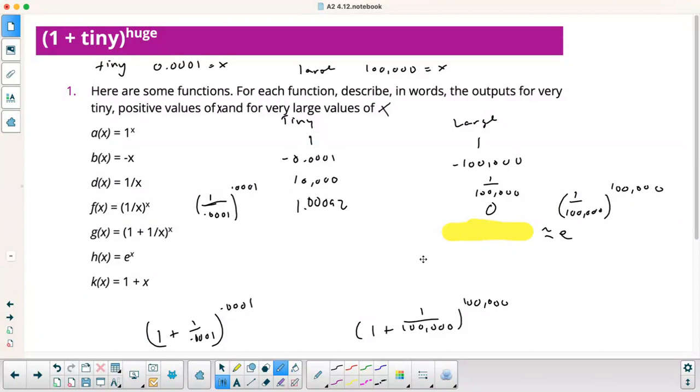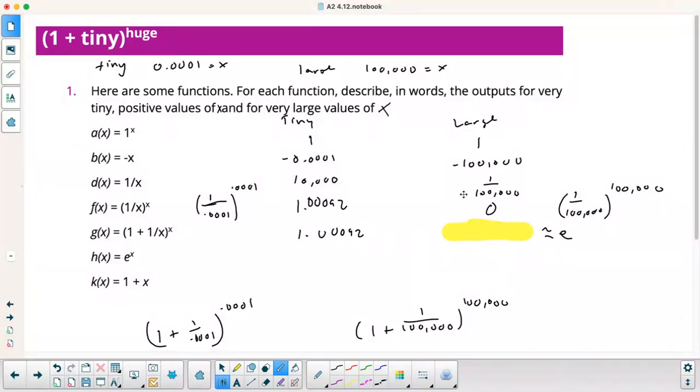1 plus 1 over 0.0001 to the 0.0001. This again gives me like a 1.00092.